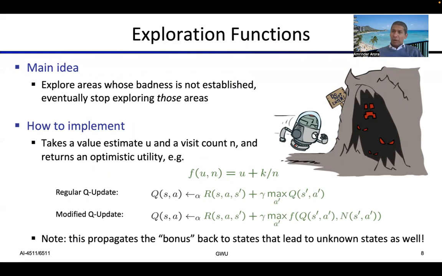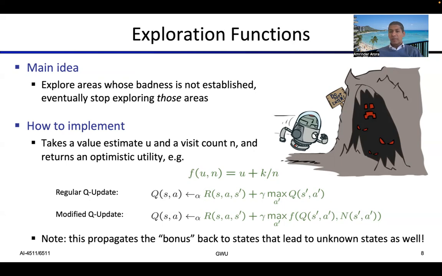The key idea about the exploration function is that while epsilon is a system-wide constant, the exploration function allows you to distinguish for each state. So for each state where you have not explored enough, you will be exploring there with a higher probability. You can achieve something similar by keeping an epsilon per state.